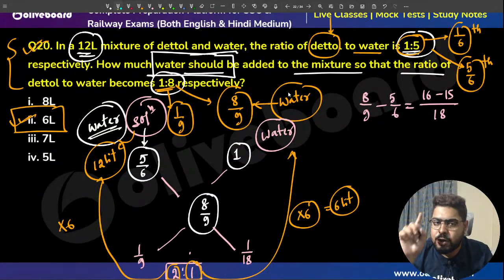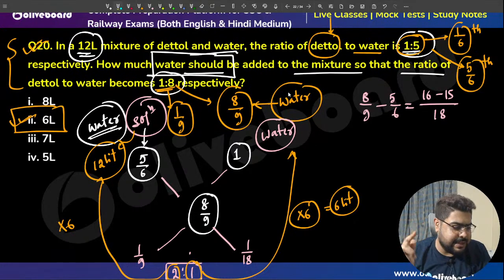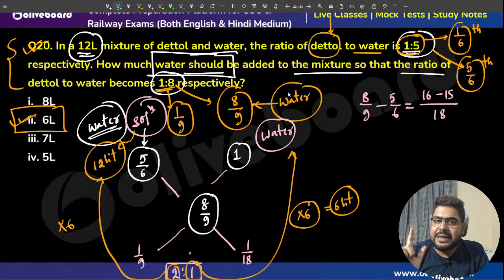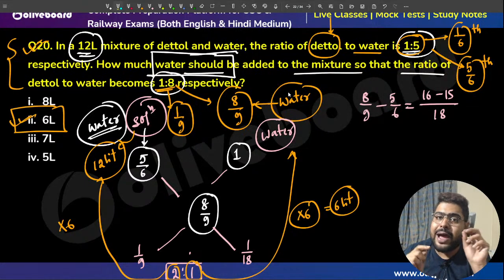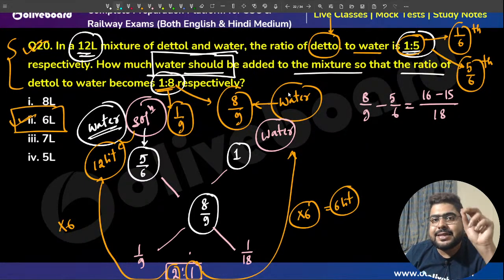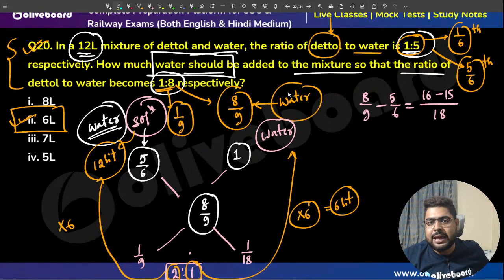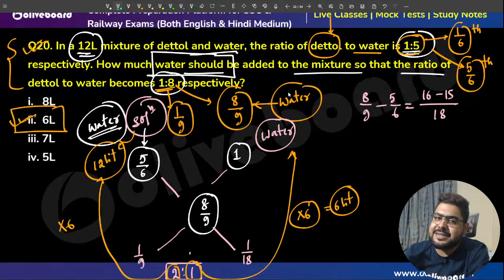Again, I told you guys this in the paid batches: in alligation, the biggest problem is to identify where a question can be solved using alligation. That is the biggest challenge.